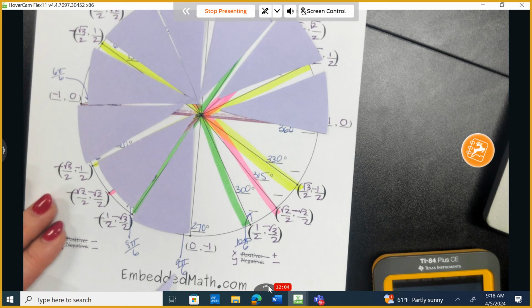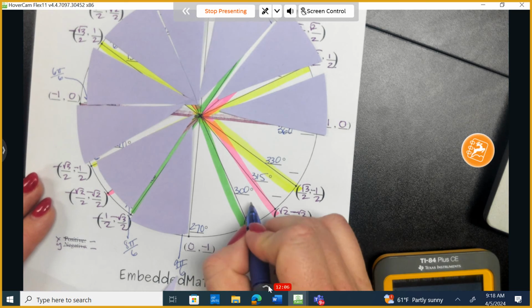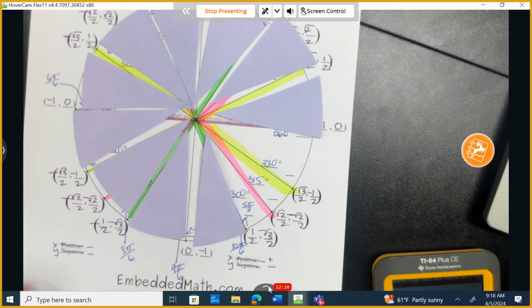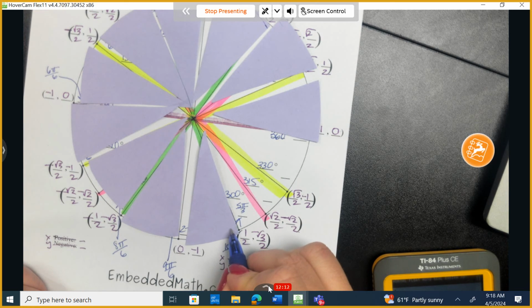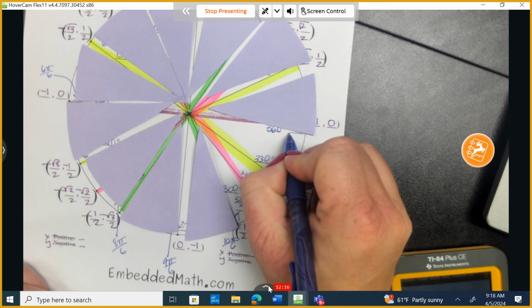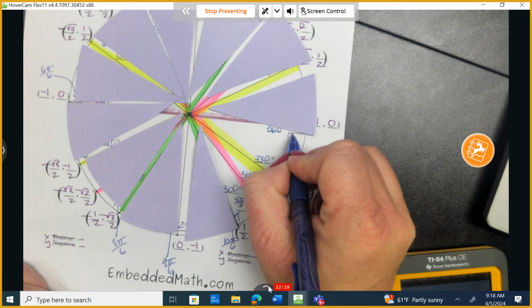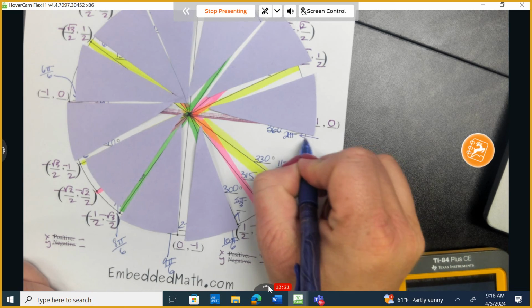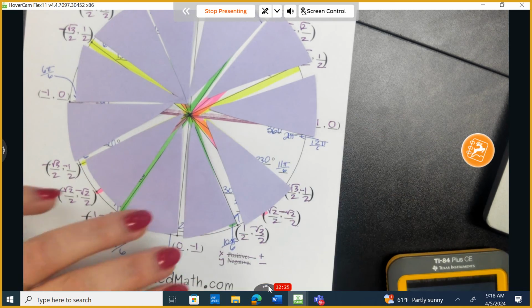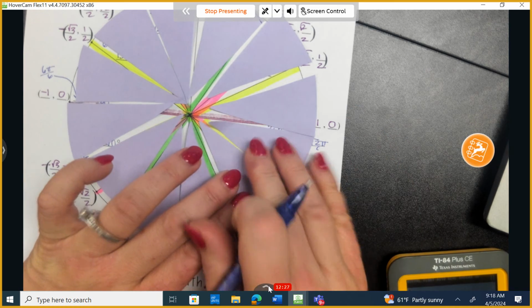But what is 10 pi over 6 reduced to? They're both even, so it's 5 pi over 3. Okay, moving up to the next one. So it was 10 over 6. This is going to be 11 pi over 6, and this is 12 pi over 6. Well, 12 pi over 6 is the same as 2 pi. That's how I was able to achieve 1 revolution working with radians.